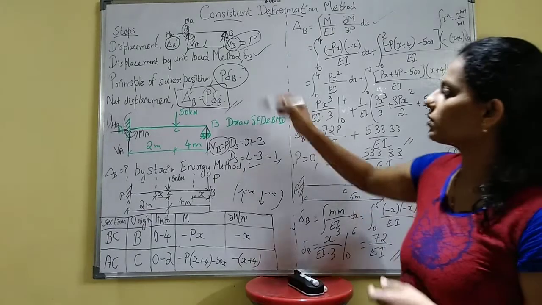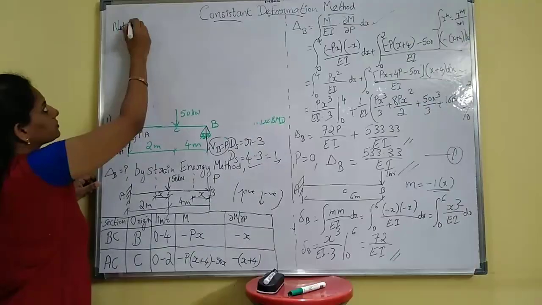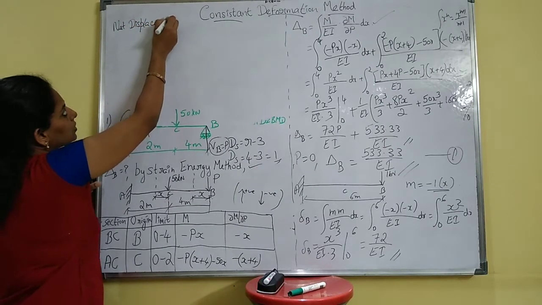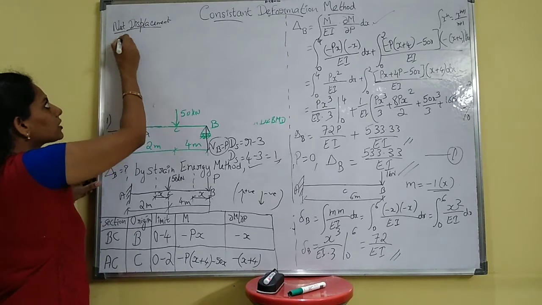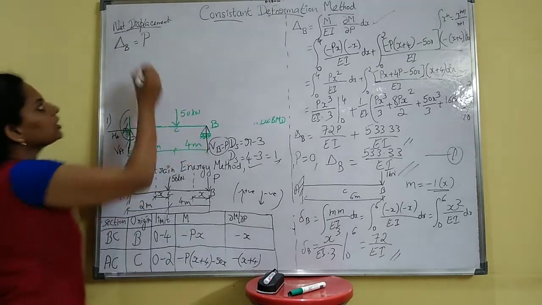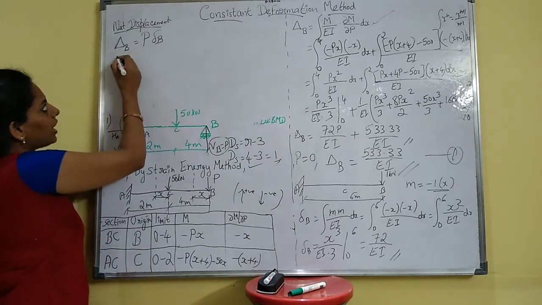Net displacement formula is nothing but capital delta B equal to, this is due to the redundant force P into small delta B. Now substitute the value.